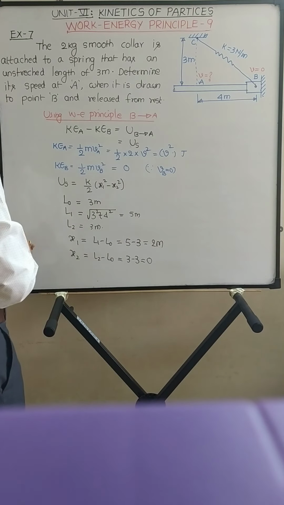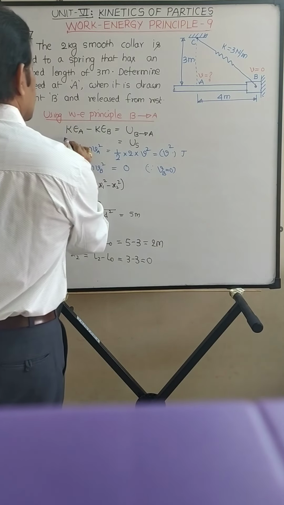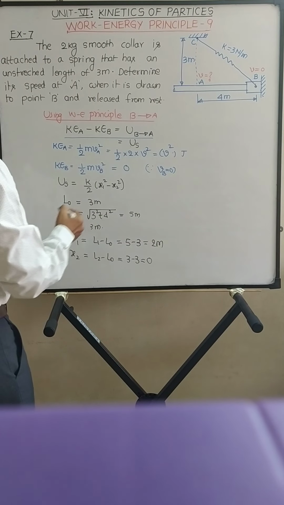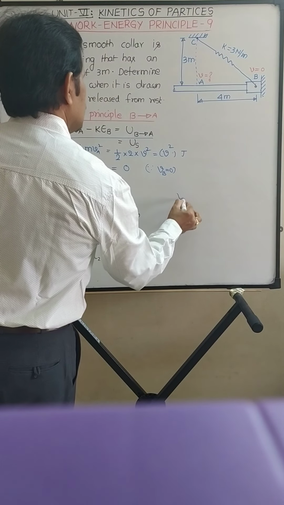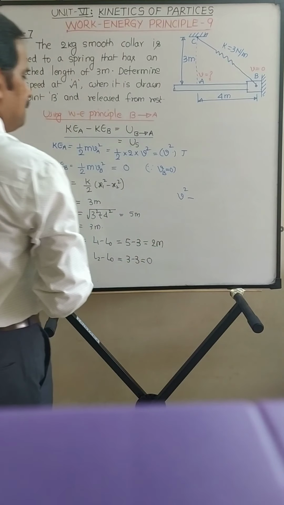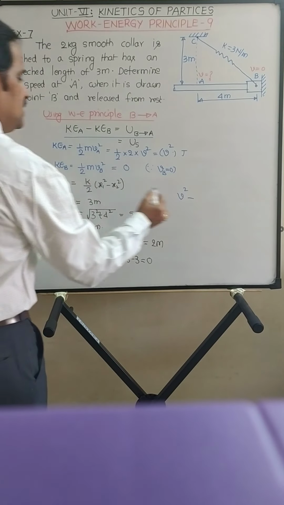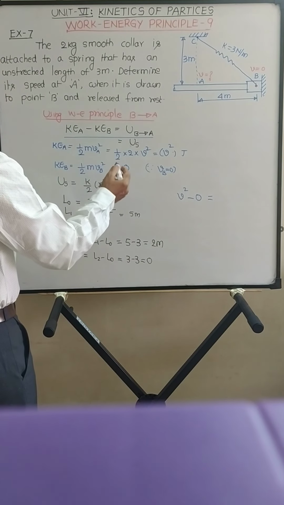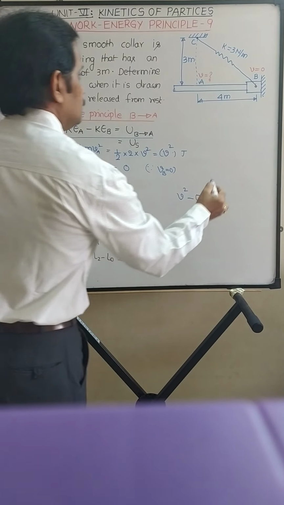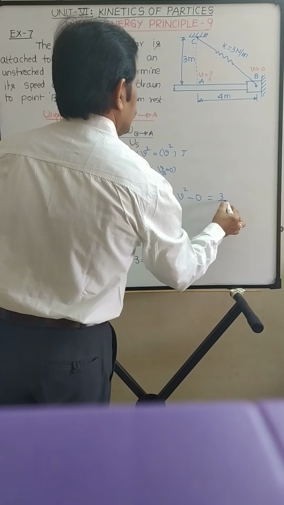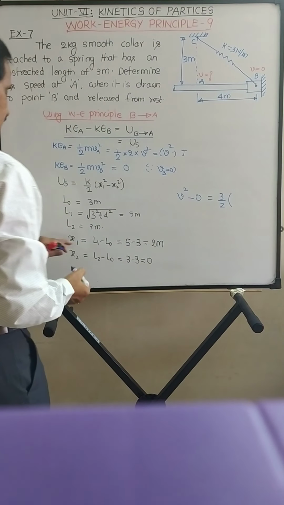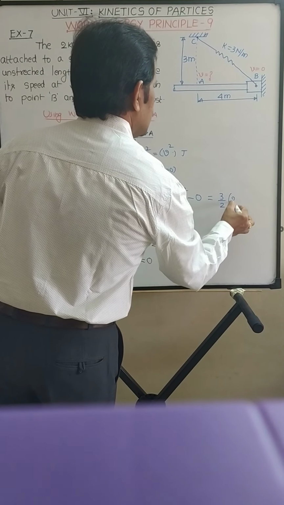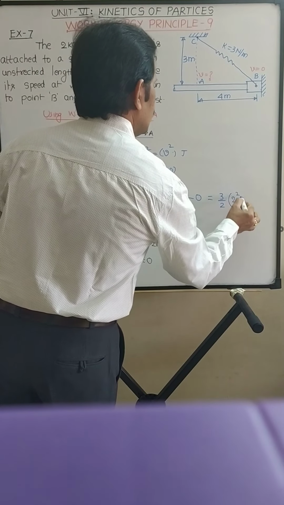So now putting all the values in this expression: kinetic energy at A, it is v squared, minus kinetic energy at B, which is 0, is equal to the work done by spring force, k by 2, k is 3, divided by 2, into x1 squared, that is 2 squared, minus x2 squared, 0 squared.